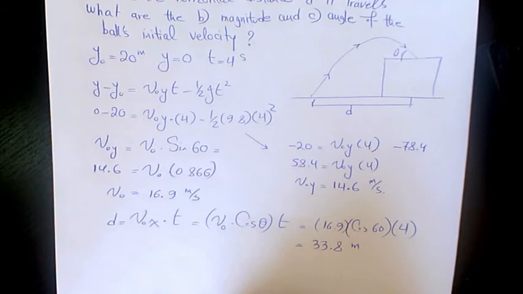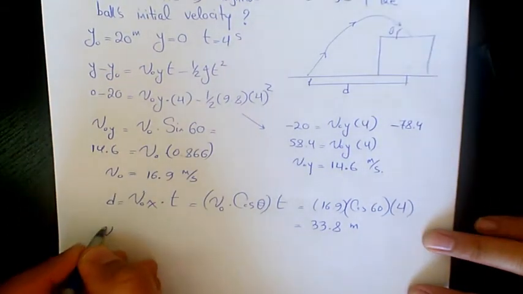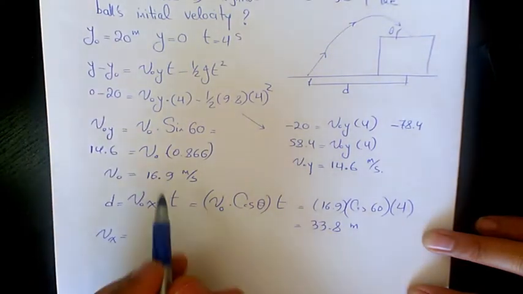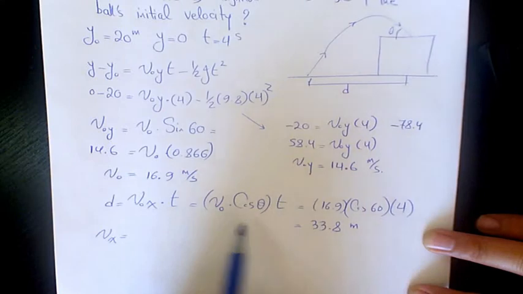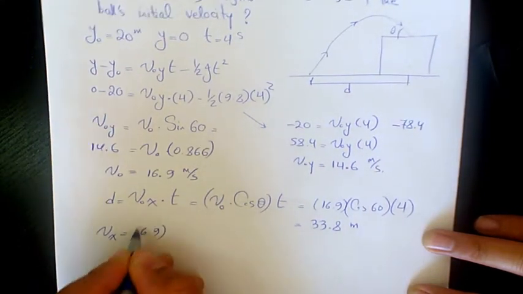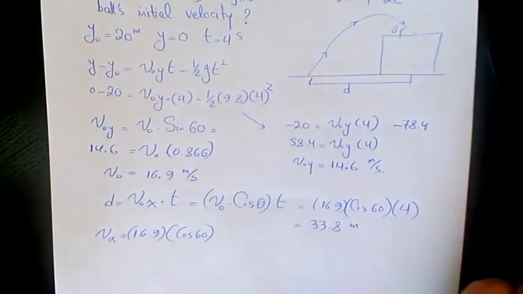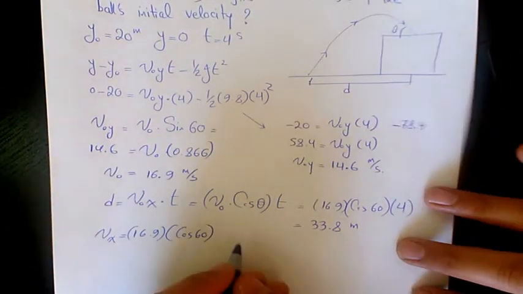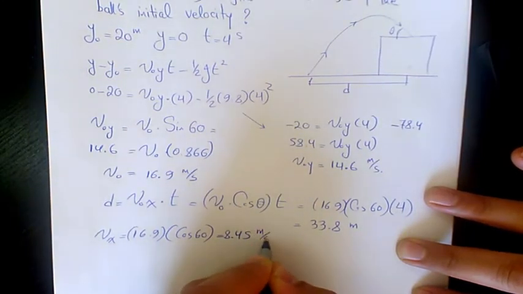We need to find out the final velocity in y and x direction. Vx pretty much is going to be the same because it's not changing. We found it somewhere. Did we find it? Yeah, you had it here. 16.9 times cosine 60. That's going to be 8.45 meters per second.